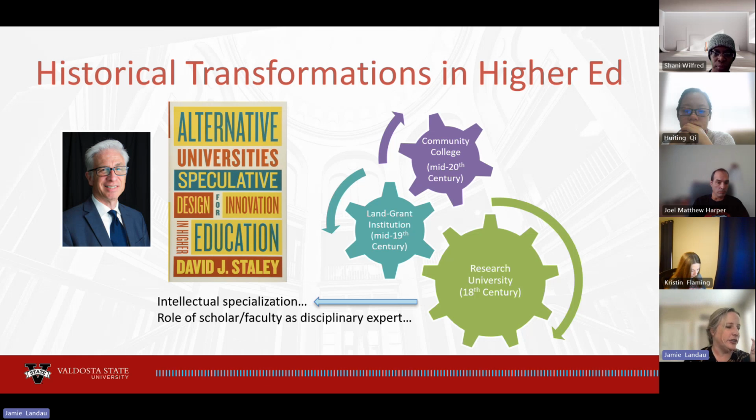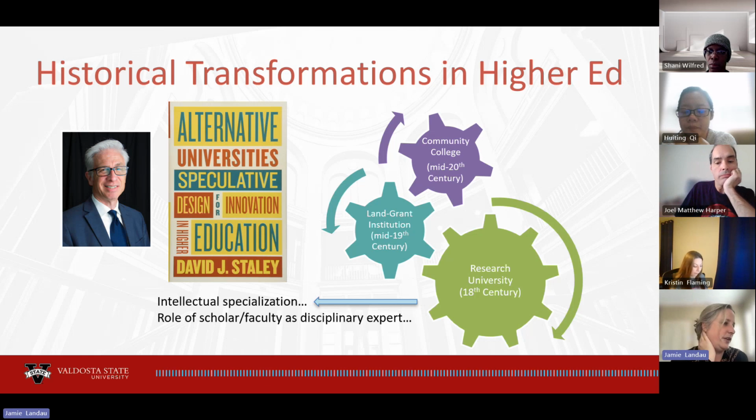He points out that the creation of the research university and the corresponding role of the scholar as disciplinary expert arose because of information overload in books published since the invention of the printing press centuries earlier. So many books were printed now that one person, one scholar, could not master all the knowledge those books contained.